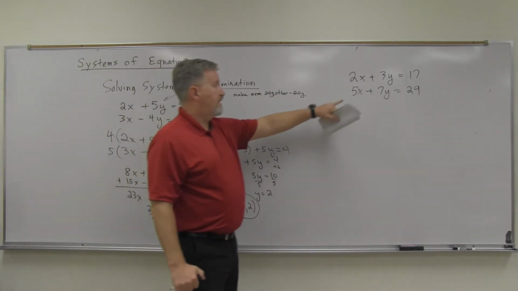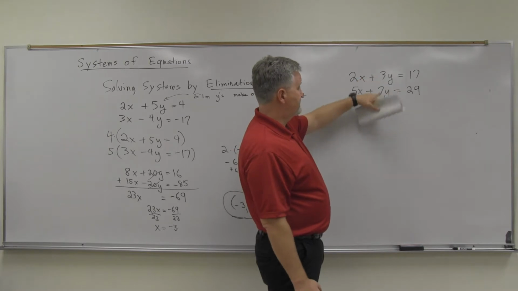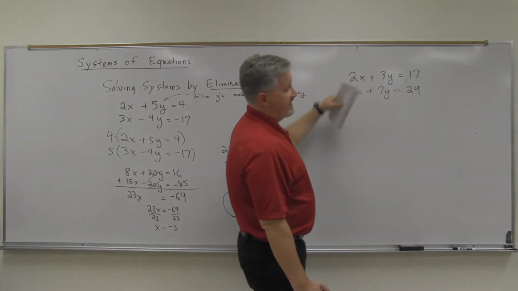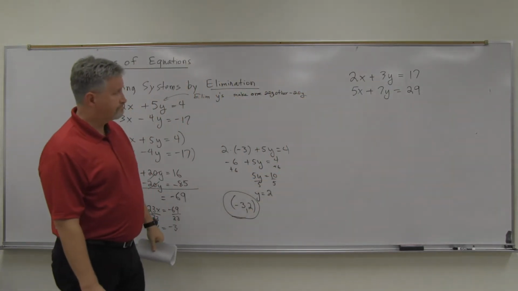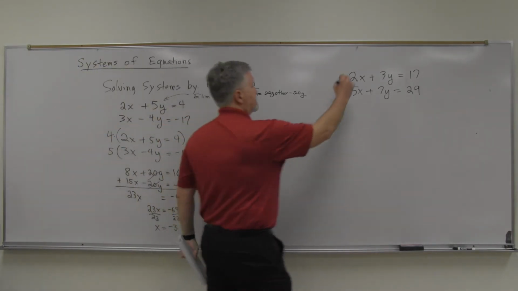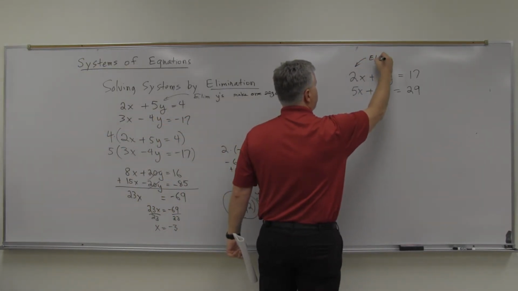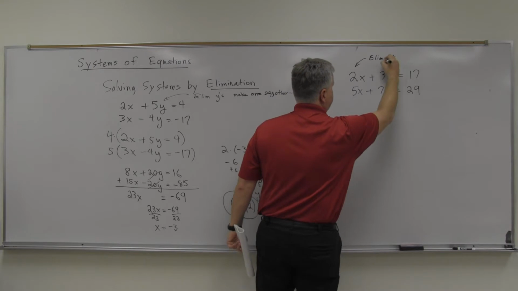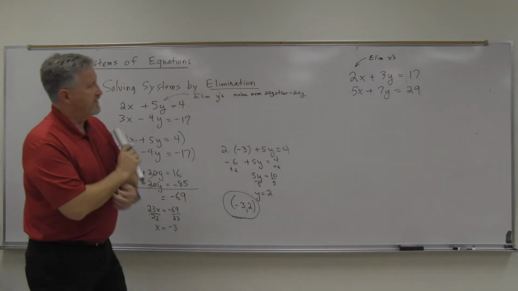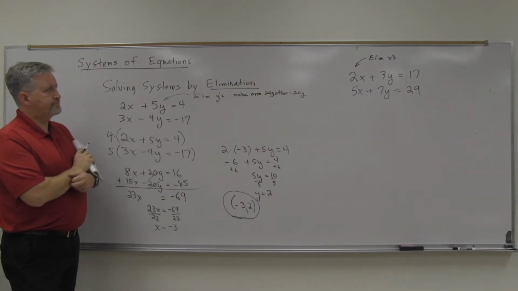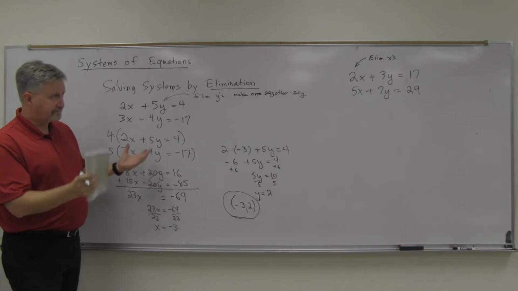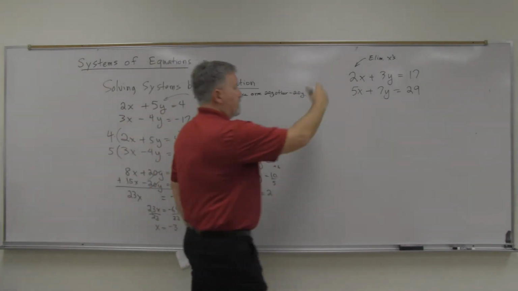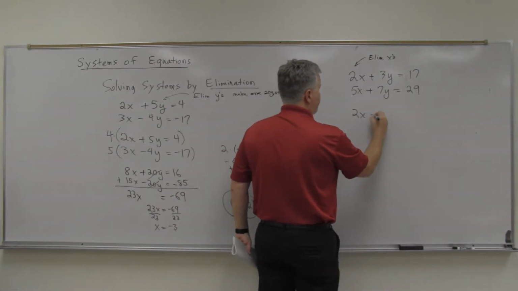If I go with the y's, I need 21, that's right. If I go with the x's, I would need 10s. And so I'm going to eliminate the x's just by choice. I mean, it doesn't matter, but I just wanted to make a quick point about that. All right. Now, both of them need to be 10s.